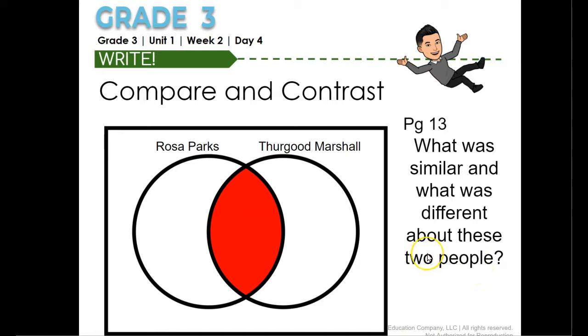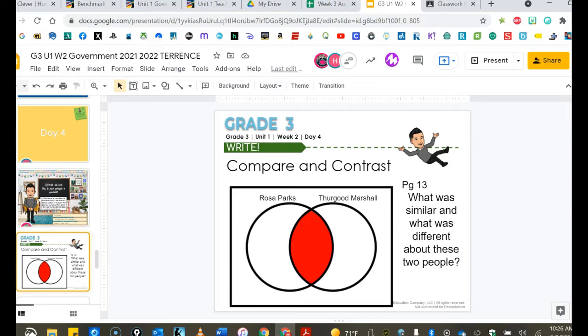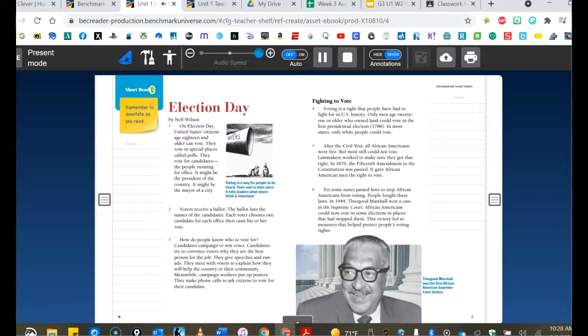Let's read those 2 pages again in your booklet. Short Read 2. Remember to annotate as you read. Election Day by Nell Wilson. On Election Day, United States citizens age 18 and older can vote.